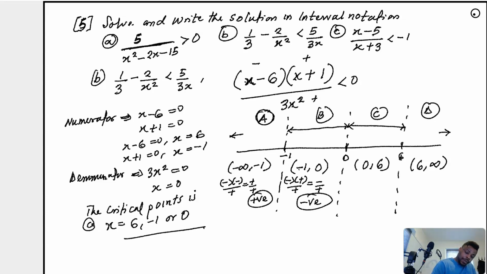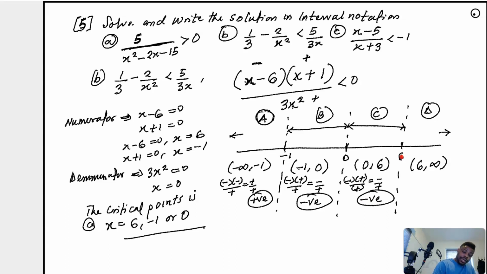Okay, let's pick a number between 0 and 6. Let's pick 4. So 4 minus 6, that is negative. 4 plus 1, that is positive. 4 squared, so this is positive. So negative, positive, and positive, and this will be negative.